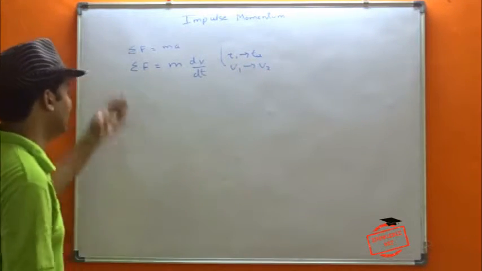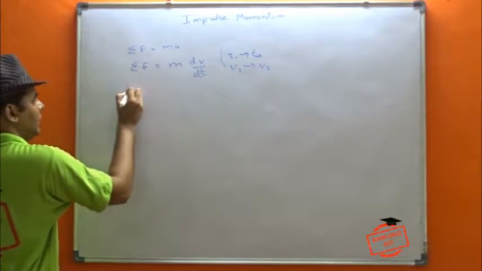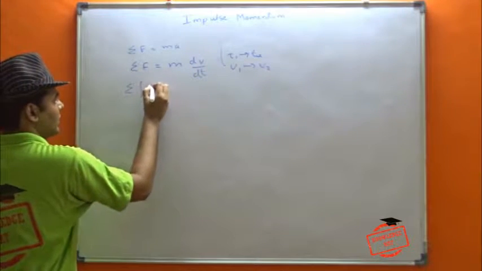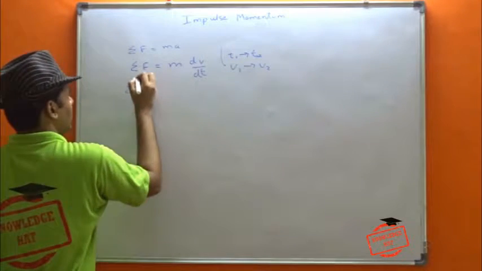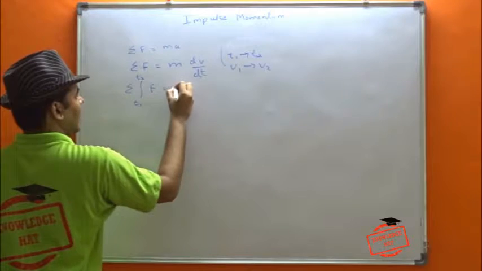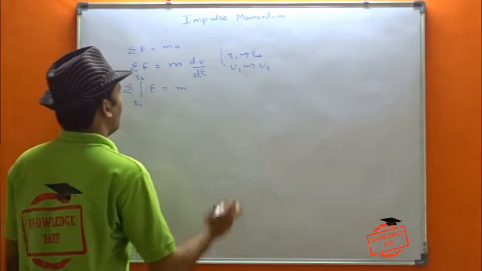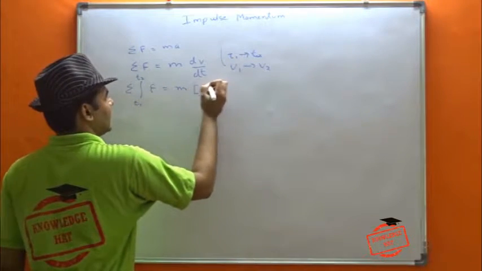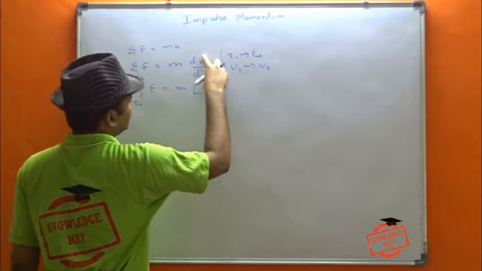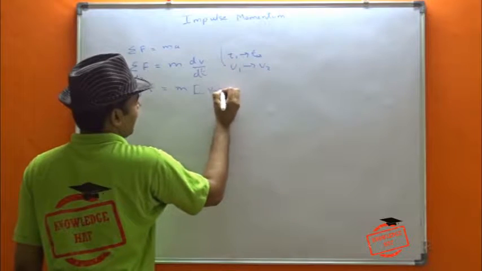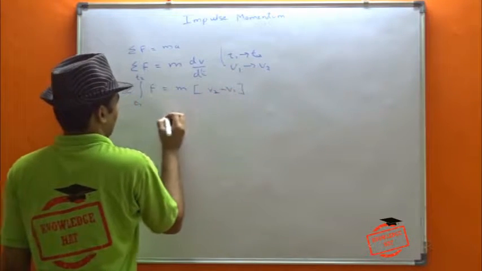So, in the integral form, it can be given as summation of forces from time t1 to t2 is given by m into the change in velocity, which is v2 minus v1.